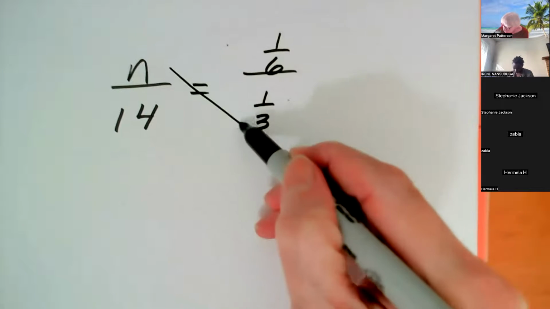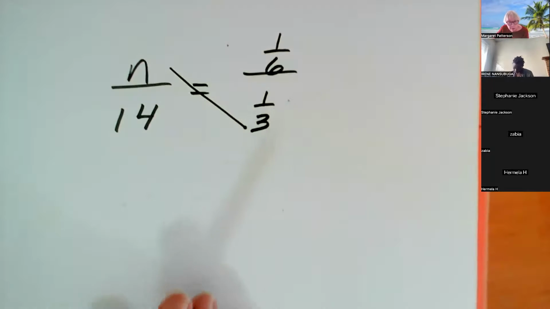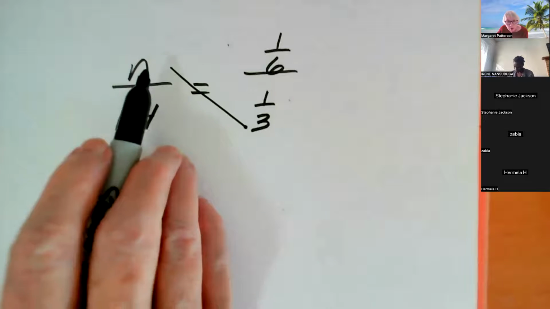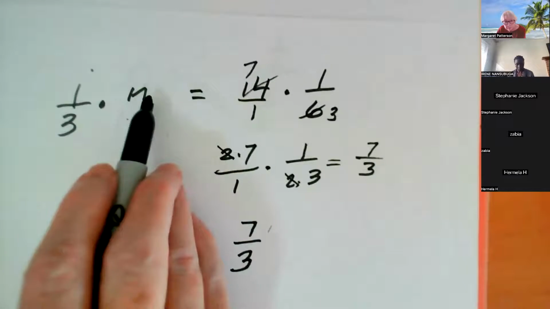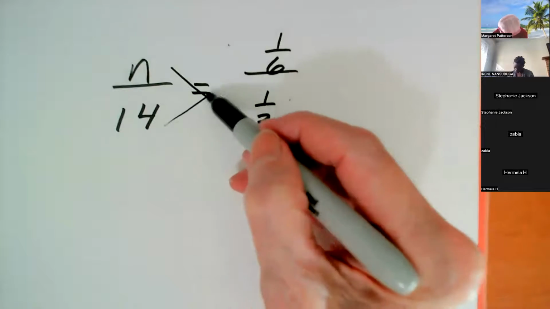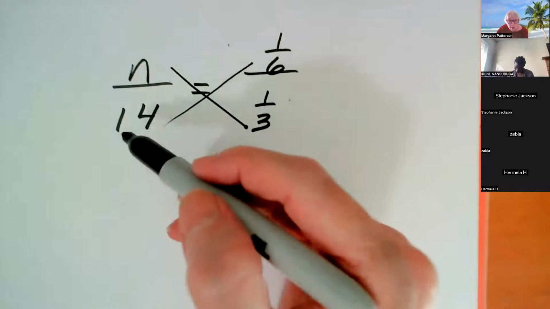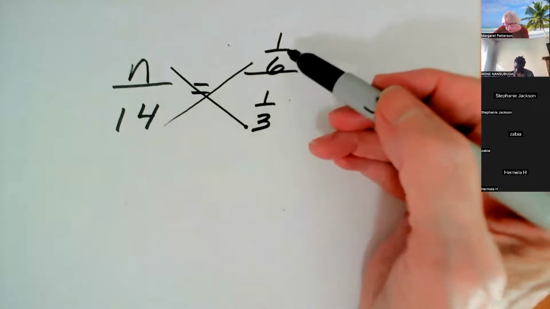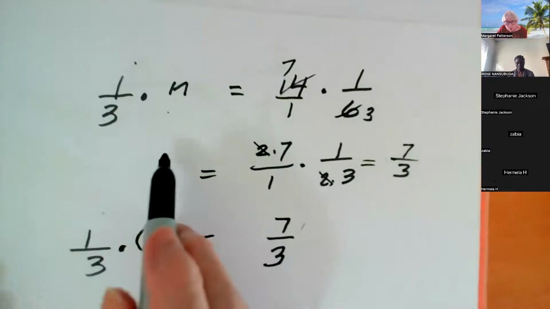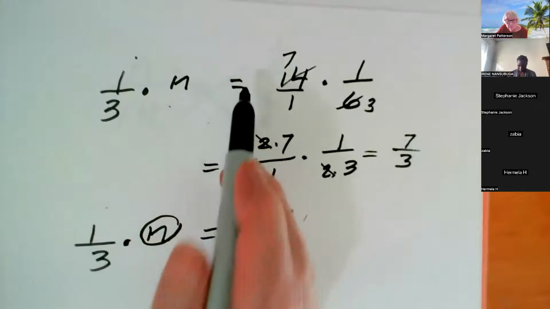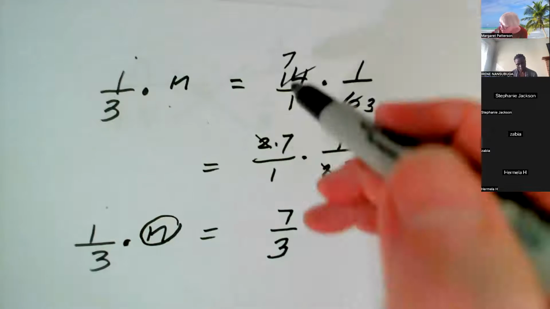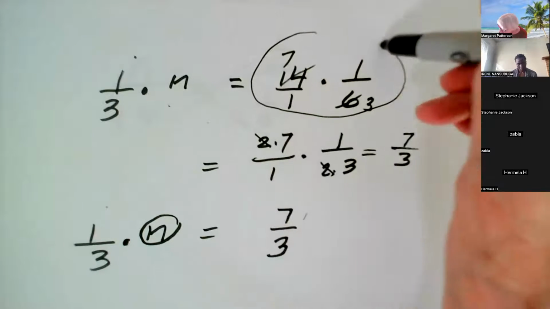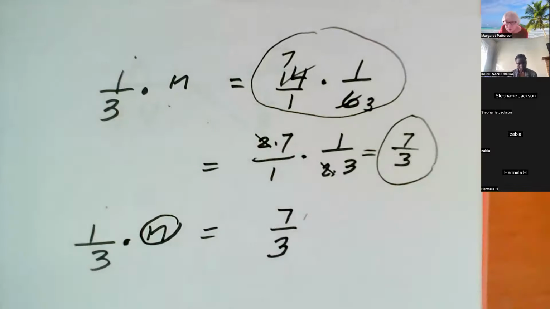So I multiplied this way. It was all ready to solve. So I multiplied n times that and got 1/3 times n. And then I multiplied the other direction, 14 times 1/6. Remember, these two multiplications are equal. And this was a bit of a mess, so we fixed it to 7/3.